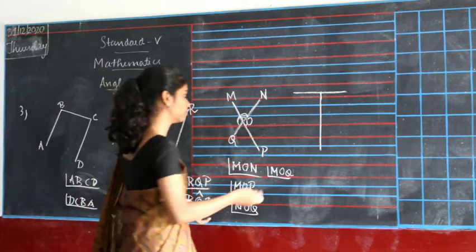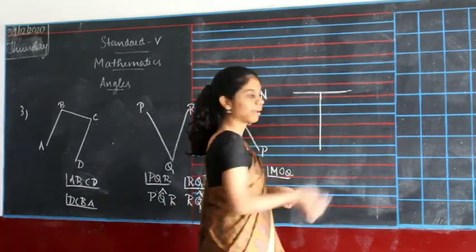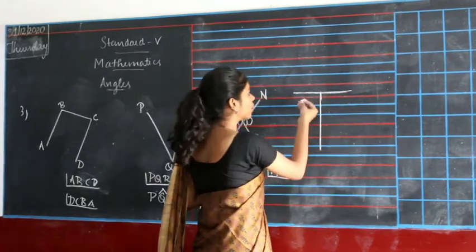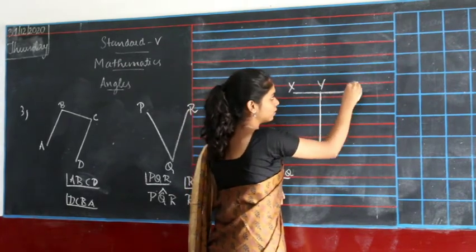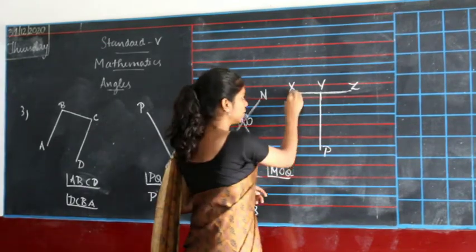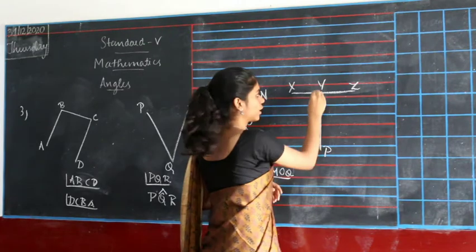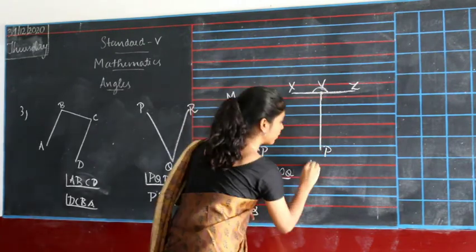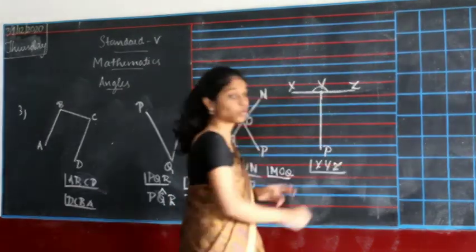Okay. So next we are coming to T. So what are the angles this makes? We have to name this first. X, Y, Z, P. Okay. So now this is a straight line with center as Y. Okay. So this makes an angle. We can write this as X, Y, Z. Note the point.